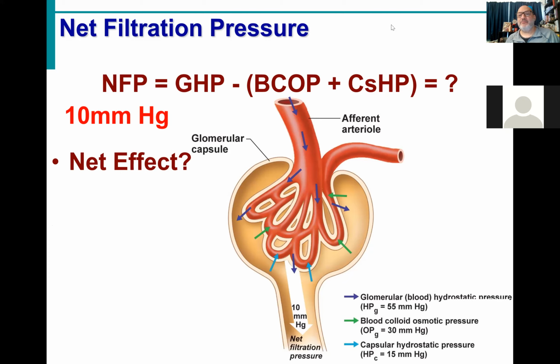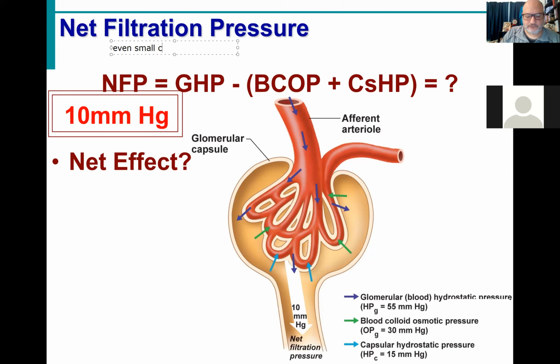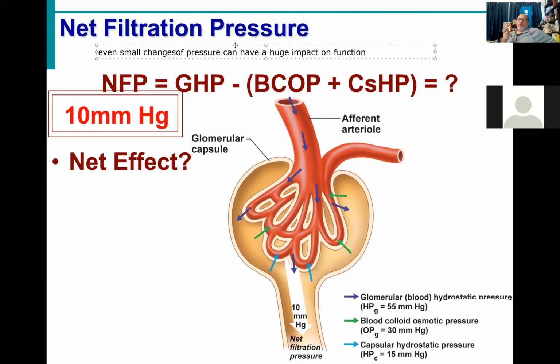So maintaining a consistent glomerular filtration pressure is going to be vitally important, because even small changes of pressure can have a huge impact on function. While it is important to be able to calculate this net filtration pressure, we have to make sure we understand how to control it as well, because even small subtle changes in this pressure can have a huge impact on our ability to filter our blood.